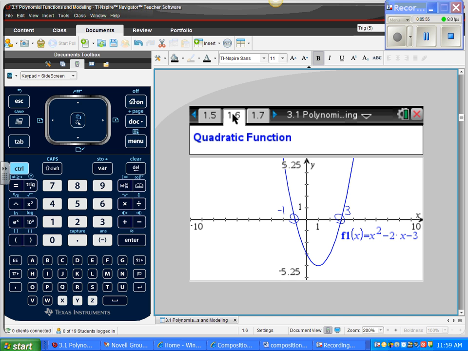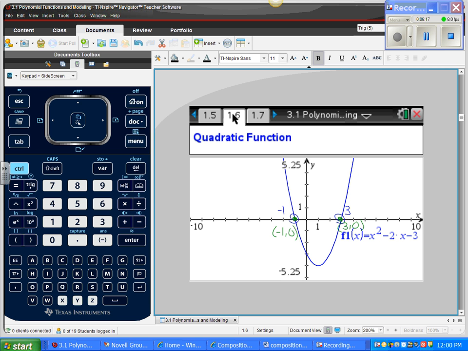So those are our zeros, okay? We also wanted the x-intercepts. Well, those x-intercepts are the same, but x-intercepts, as you guys learned, have to be written as points. So this is the point -1, 0, and this is the point 3, 0. So those are our x-intercepts.